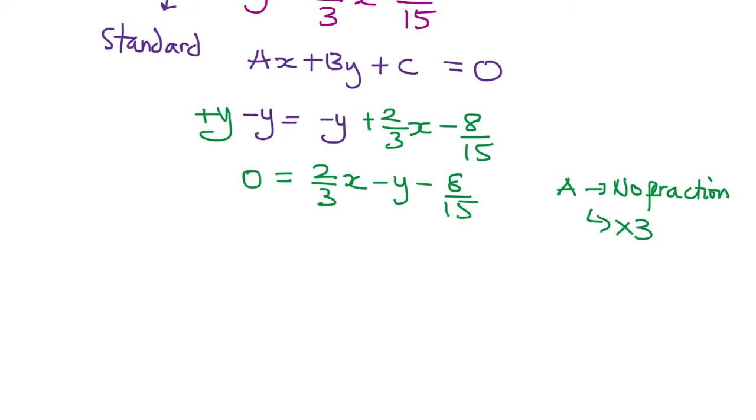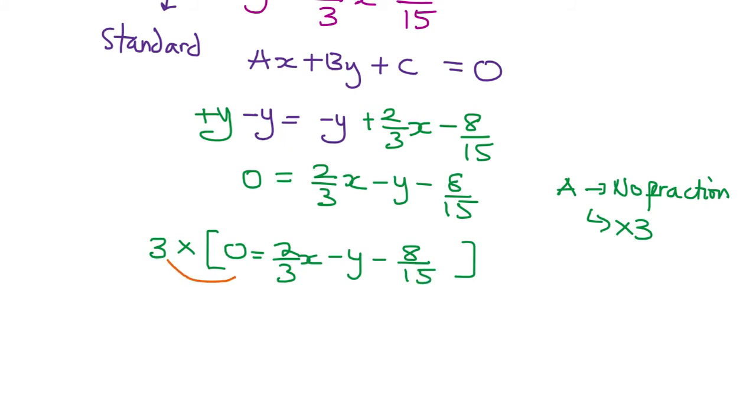So in our first step, we're going to multiply our whole equation by 3. By distribution, we multiply 2/3x by 3, our negative y by 3, and our negative 8/15 by 3.